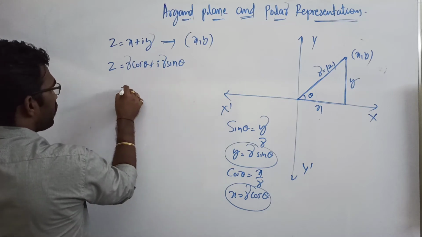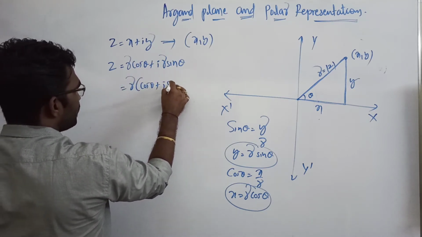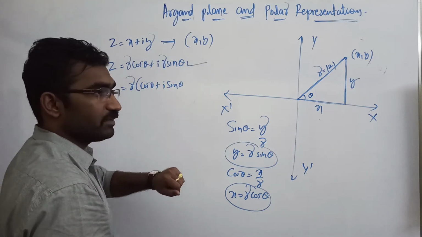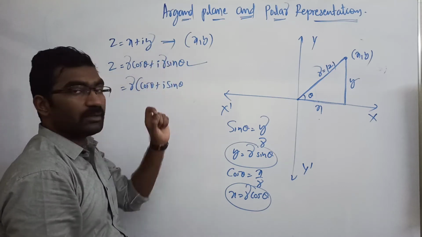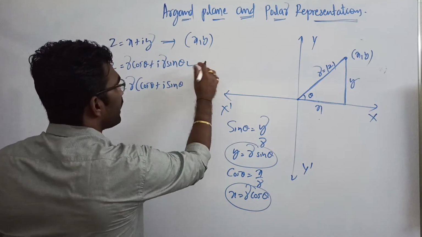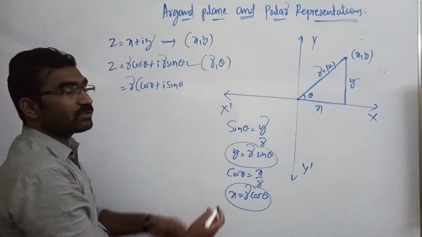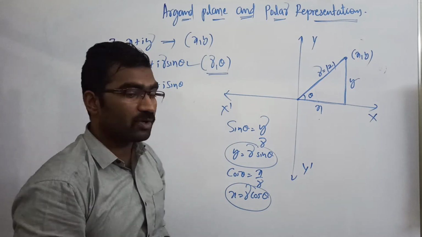If I take r common, what remains is r into cos theta plus i sin theta. So this is called the polar form of the complex number. Both are the same; this is the normal form and this is called the polar form. If I take r and theta as an ordered pair, this is called polar coordinates.